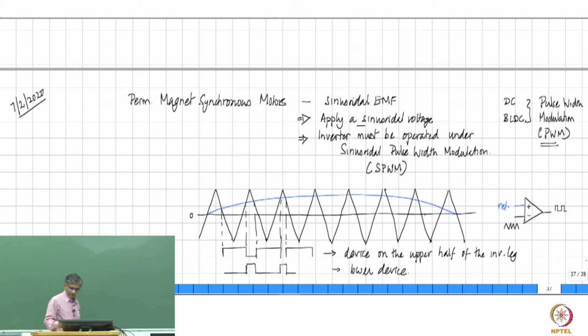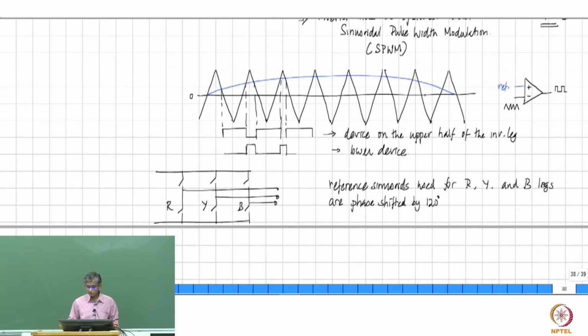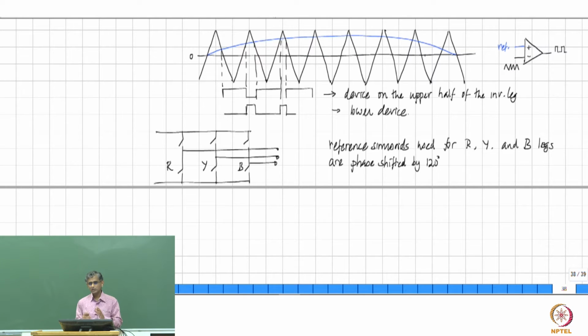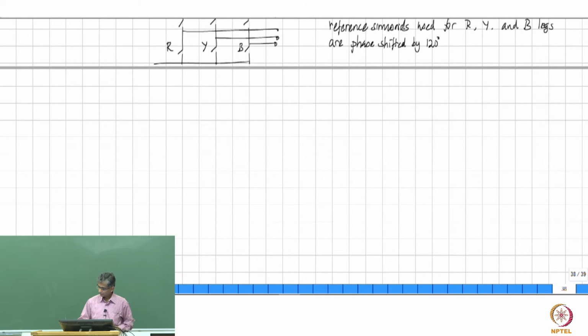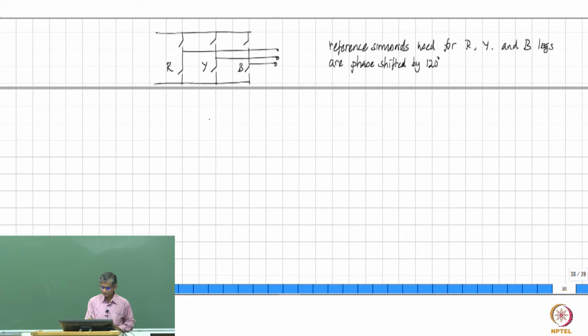So this way also can be done, but if you look at the actual implementation that happens inside a digital system, then in the digital system, how this is done is, you have a register which is incremented from 0 to some high value, let us say FFFF, right.